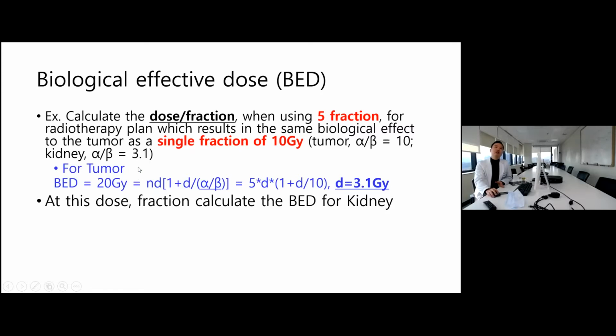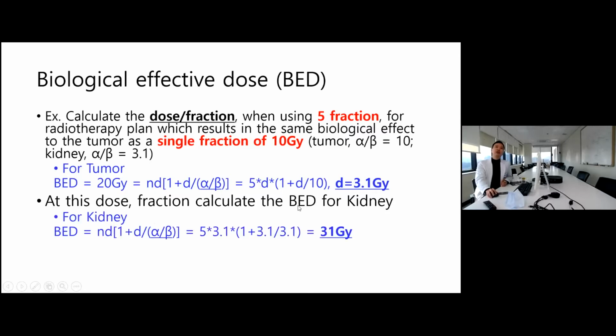And you now need to calculate what the dose might be if you deliver it as 5 fractions. And so you can come out with 3.1 gray per fraction. You can also calculate, at this dose and fraction, 3.1 gray and 5 fractions, the BED for the kidney.